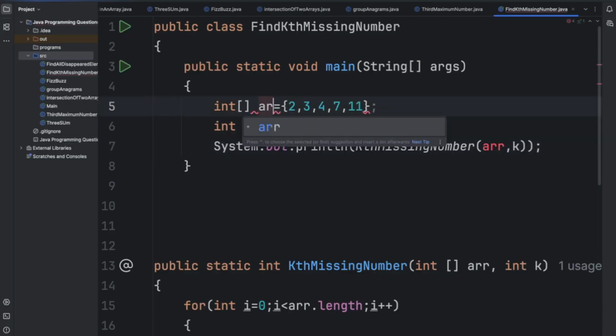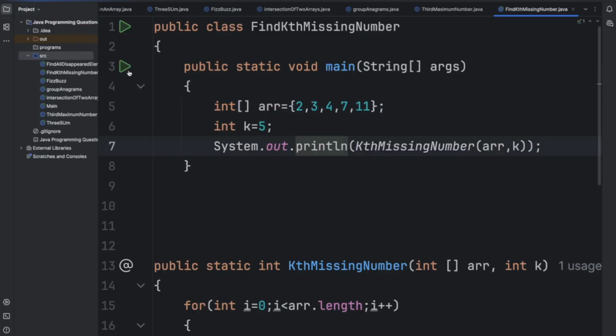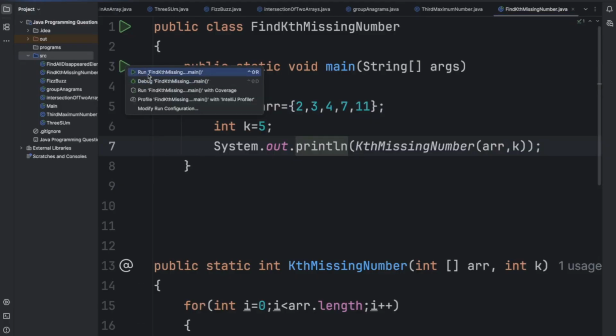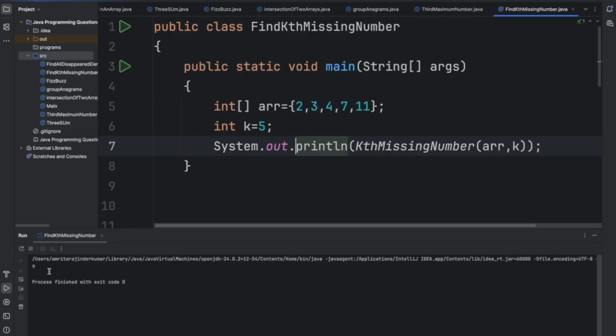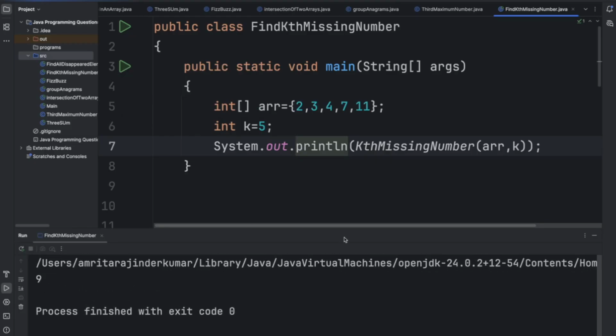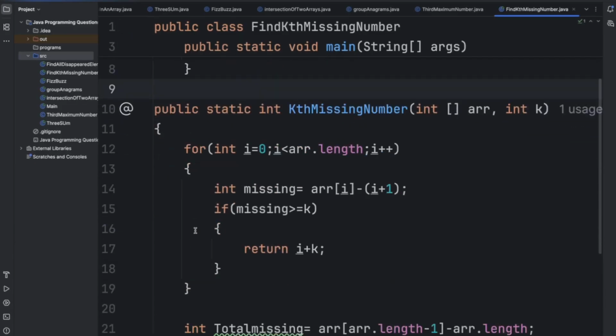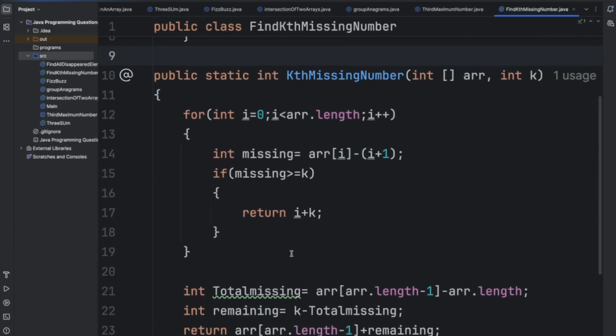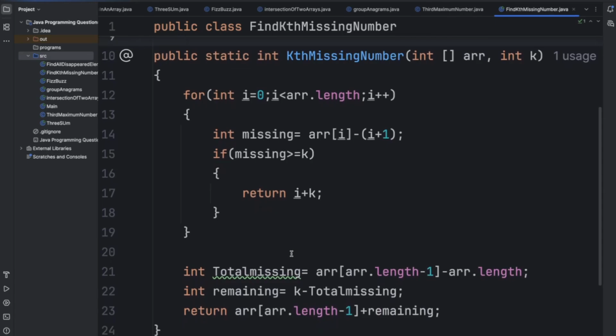So it would be in arr, right? Now let's run the program and see the output. So we can see here the output is 9, which is the correct output. So this is how we will be solving our problem. I hope you understood the solution.